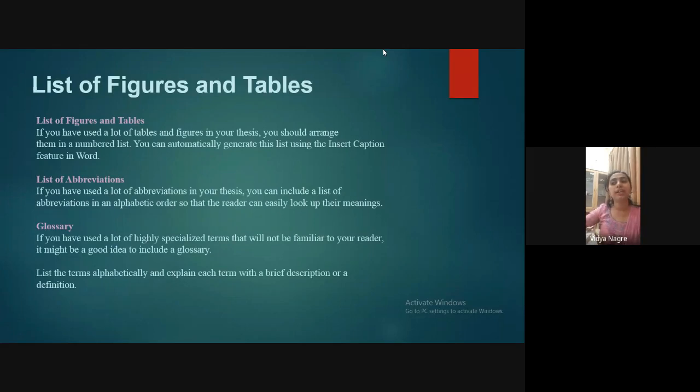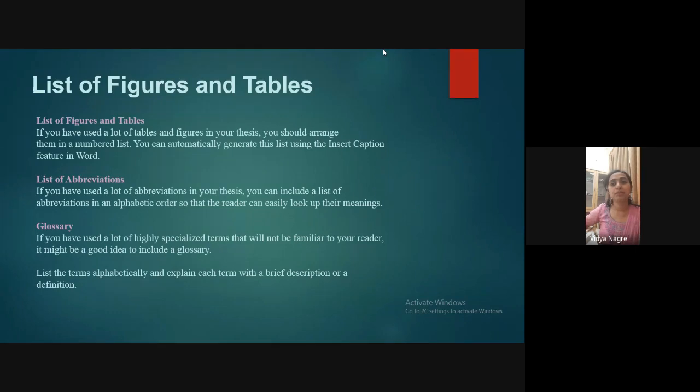Then you have to compile them under the section of glossary and give a separate attachment of glossary in your thesis. If you are using some abbreviations which are not internationally recognized, such as WHO, or US, that stands for United States, then you have to give the list of abbreviations along with the long forms of them.